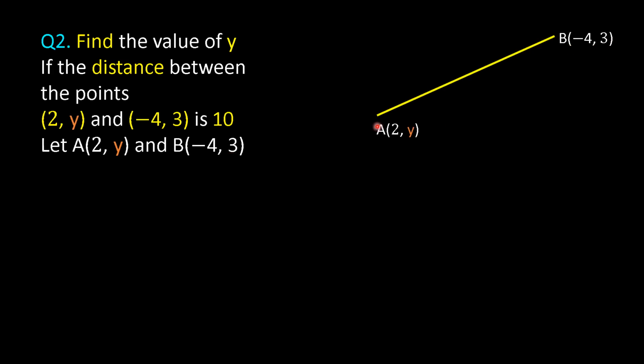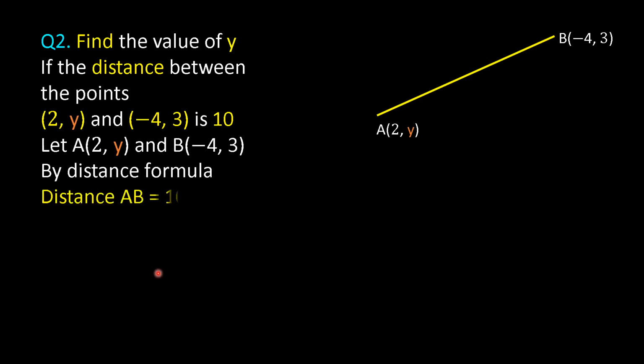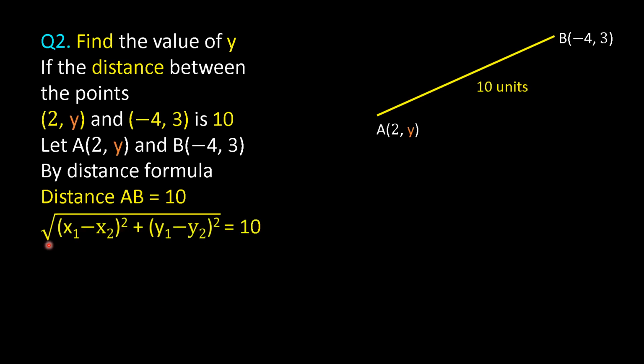We have to find distance AB. So by distance formula, we write distance AB equals 10, which is given. Distance AB will be square root of (x1 minus x2) whole square plus (y1 minus y2) whole square, by distance formula, and this distance is given to be 10 units.